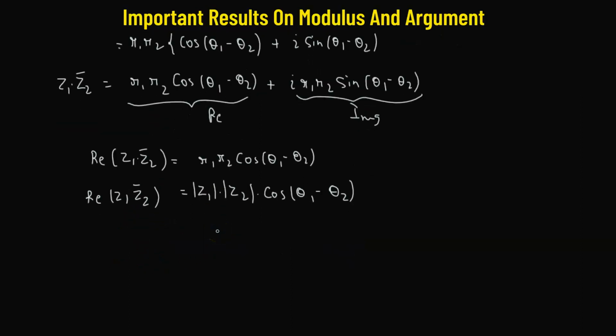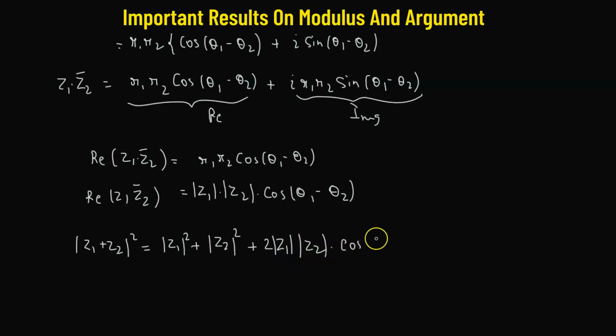This is done because we already obtained that the absolute value of z1 plus z2 squared came out to be absolute value of z1 squared plus absolute value of z2 squared plus 2 times absolute value of z1 times absolute value of z2 times cosine of theta 1 minus theta 2.